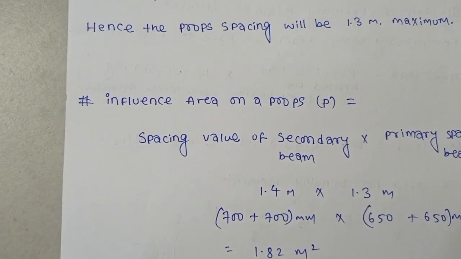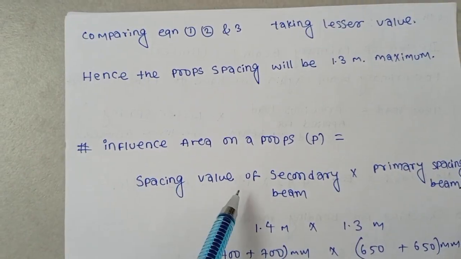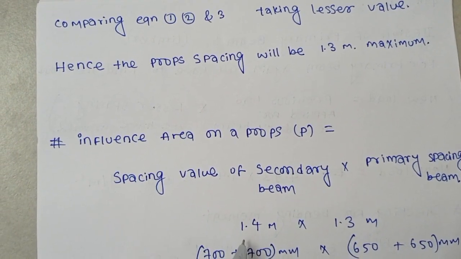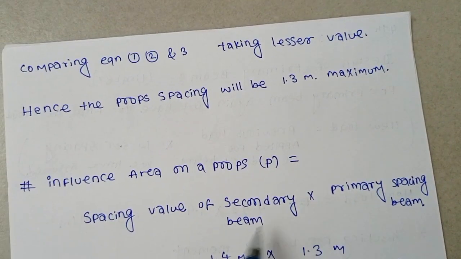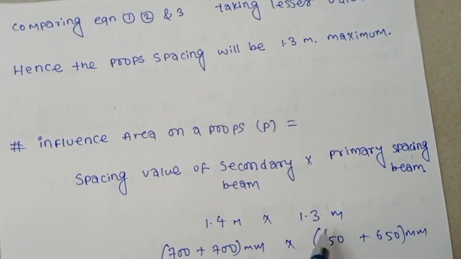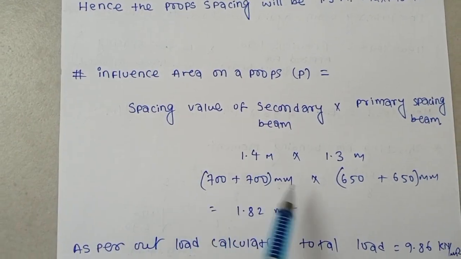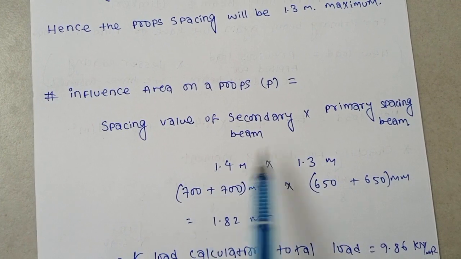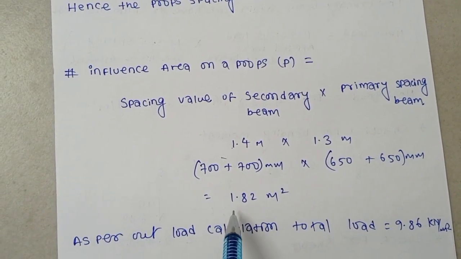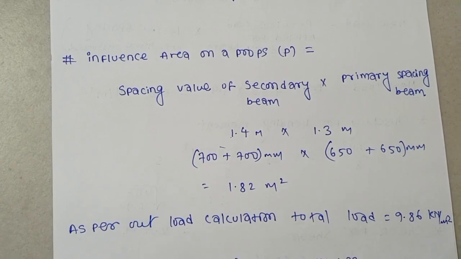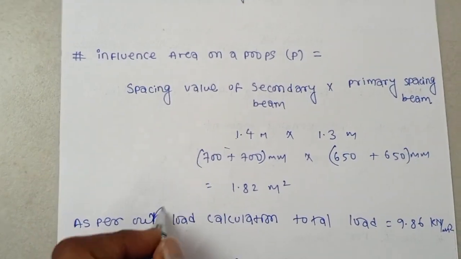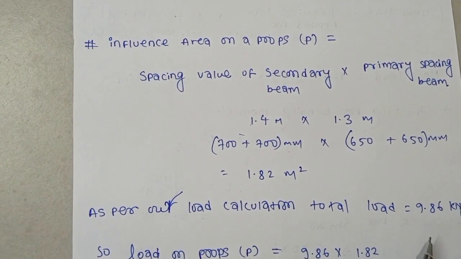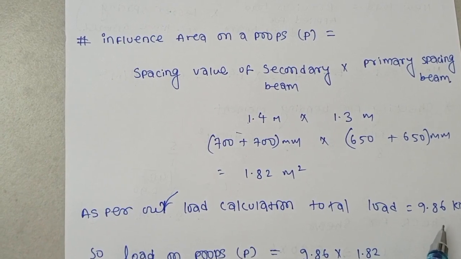Now, the influence area on a prop P equals the spacing of the secondary beam into the spacing of the primary beam. We calculated 1.4 meter for the secondary beam and 1.3 meter for the primary beam. This will be divided into two parts, so 700 plus 700, 650 plus 650. This into this, if you calculate, gives 1.82 meter square. As per our load calculation, how much total load have we calculated? 9.86.